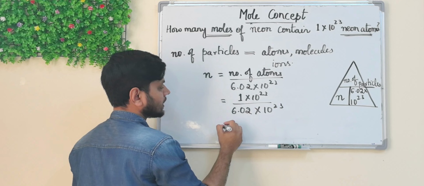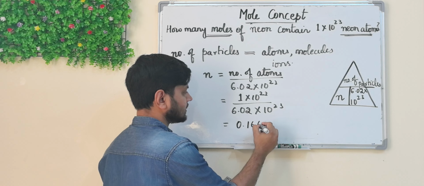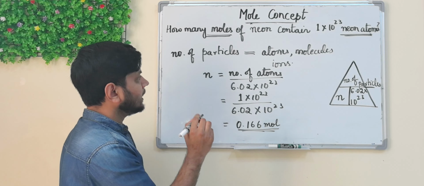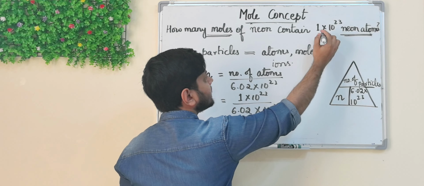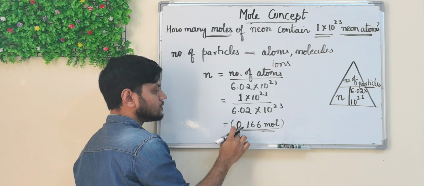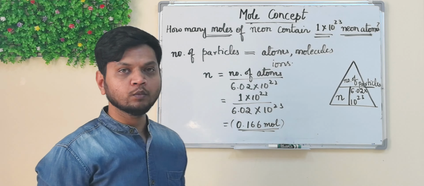So now you calculate this, and I will get the answer as 0.166 mole. So that means in 1 into 10 to the power 23 neon atoms, the number of moles present in it is 0.166 mole. Okay, so now let us take one more question.